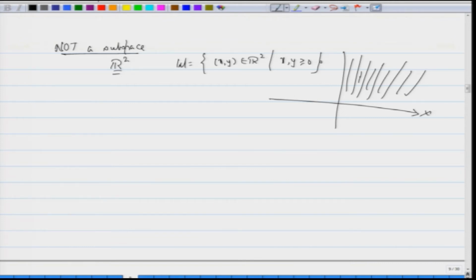So, this is my x, this is my y axis. If I look at this set, all right. So, R2 is a vector space over R or over some scalars. Scalars always contain negative numbers.